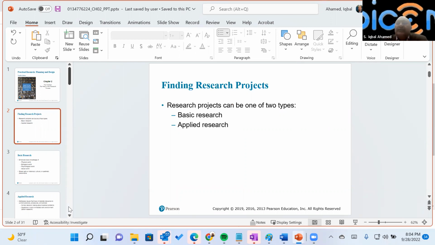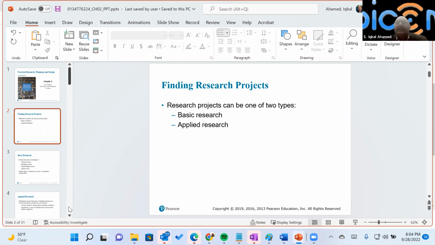usually research projects are of two types. One is basic research and the other one is applied research. When you say basic research, it means that in a particular foundational subject, you're trying to contribute something really new. That's basic research, which is physics, chemistry, biology.